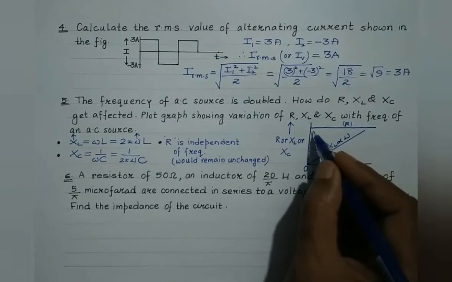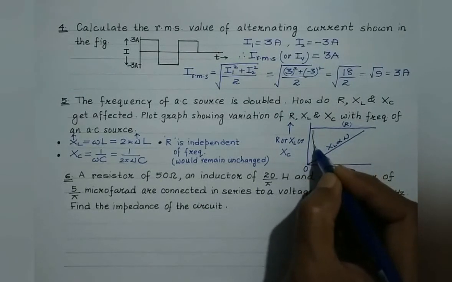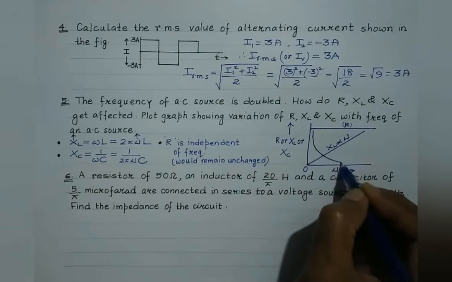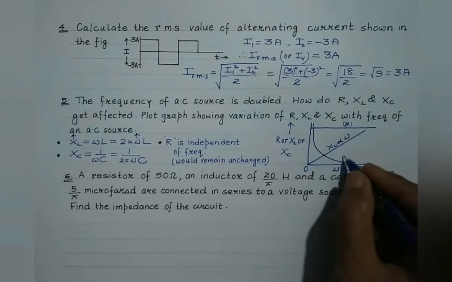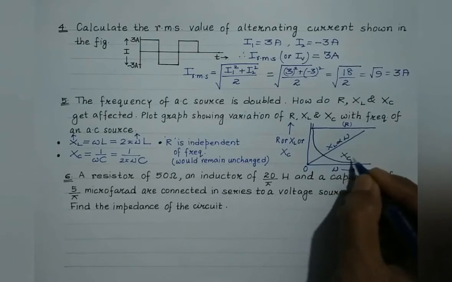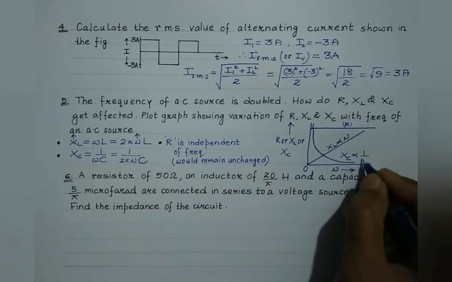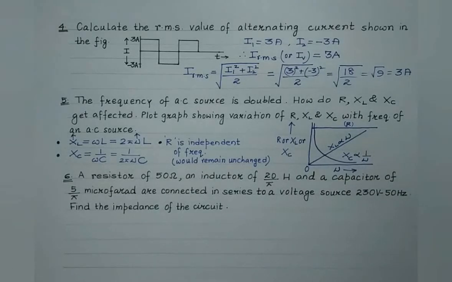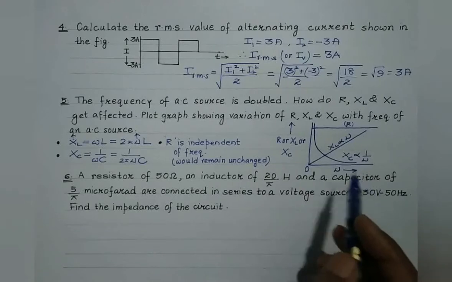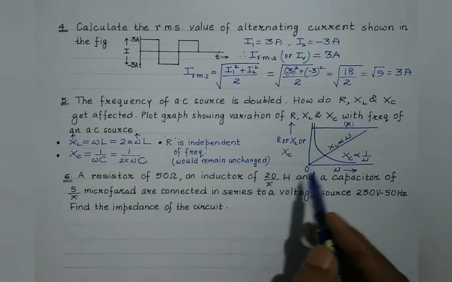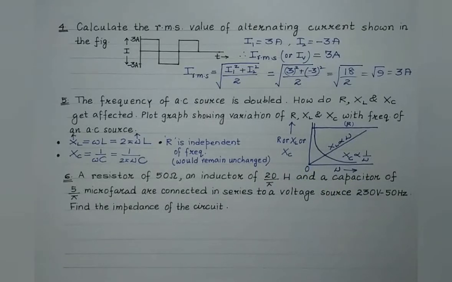So its graph would be like this. This is for capacitive reactance. So these are the graphs showing the variation of R, XL and XC with the frequency of the AC source.